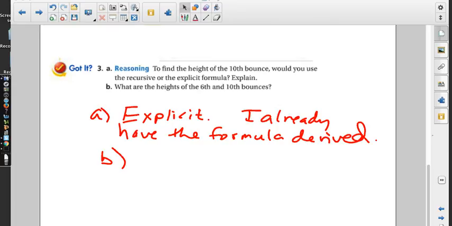Oh, I forgot to multiply by 100. I see. Everybody have them? I just put for A that, you know my preference anyway, I like explicit. We already had the formula, for goodness sake. You just put another number in there. It's in my calculator even. All I would have to do is change that last number. So for a sub 6, we're just going to be raising it to the 5th power.